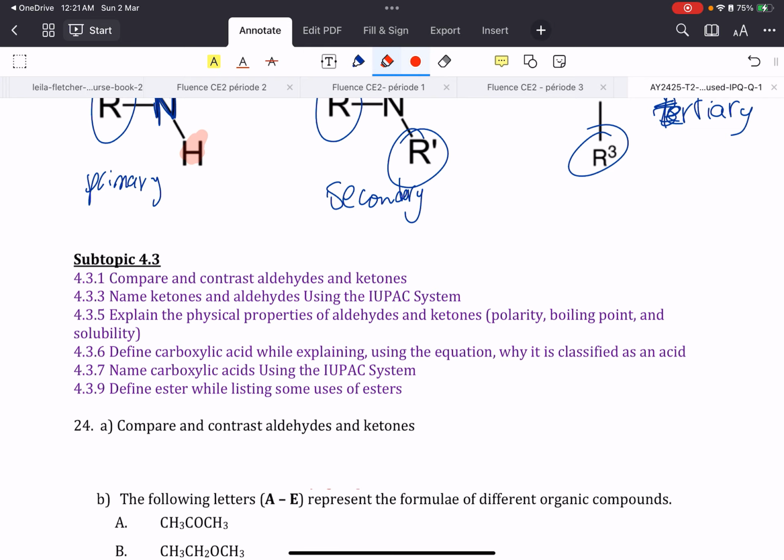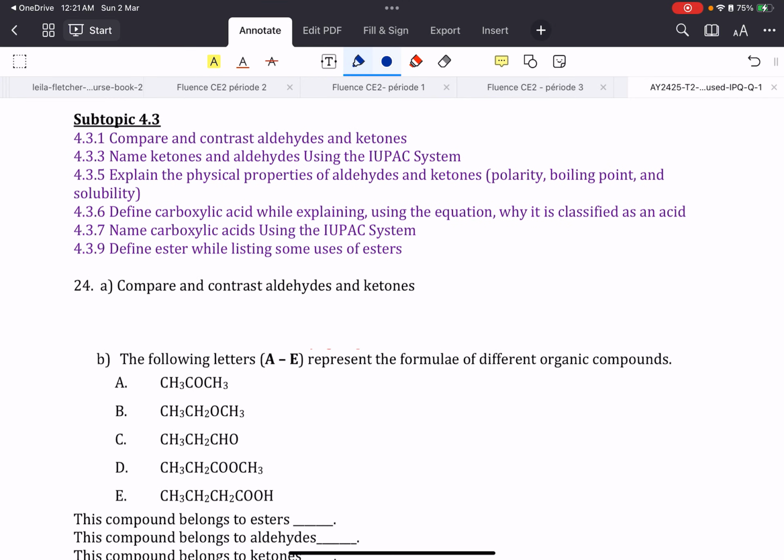Compare and contrast aldehyde and ketones. Aldehydes and ketones are both polar compounds. They both contain the same functional group, which is the carbonyl group, except that aldehydes have their carbonyl group on the side of the chain, whereas ketones have their carbonyl group in the middle, surrounded by 2 other carbons.